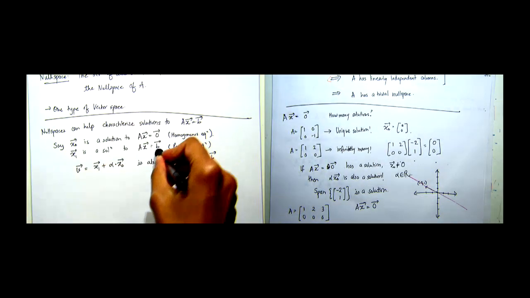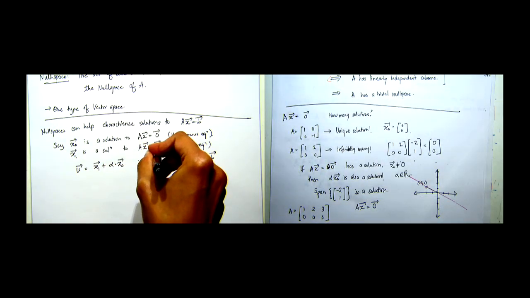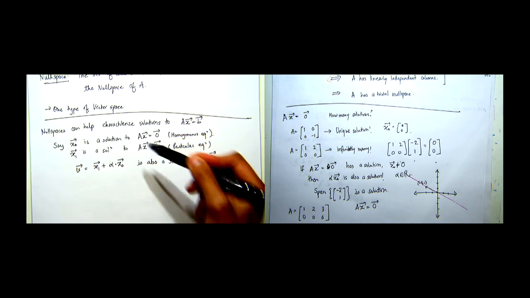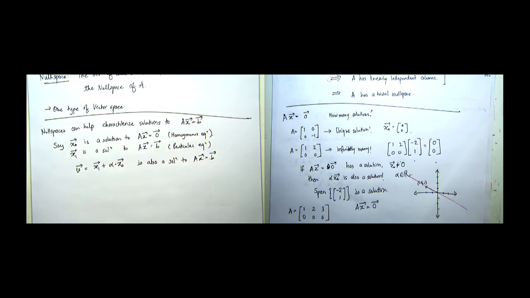So basically, if A has a non-trivial null space, a non-trivial null space means that the null space isn't just one vector, which is the 0 vector. If the null space has many solutions, or has many vectors in it, then AX equal to b also has infinitely many vectors in it. Do you see this connection that we're talking about?